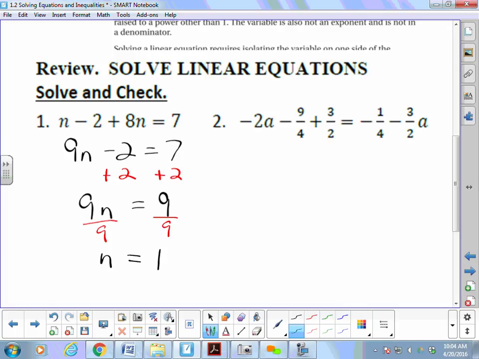And you should check these. What does it mean to check them? Make sure it's right. I take my solution and put it back in for n, and make sure the left side and the right side are the same.